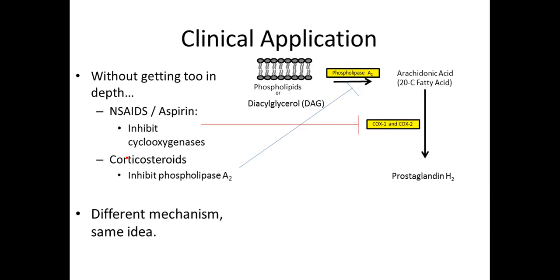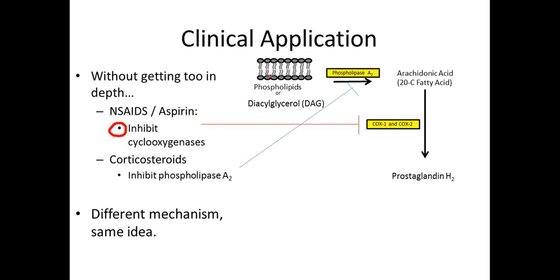So what's the clinical application of all of this? Without getting too in-depth, because this is just a basic introduction lecture, you have different drugs. We have our NSAIDs, our non-steroidal anti-inflammatories, and our aspirin drugs. What these do is inhibit our cyclooxygenases. Let's take a look over here. This is an extension of that big chart that I had you draw out originally.